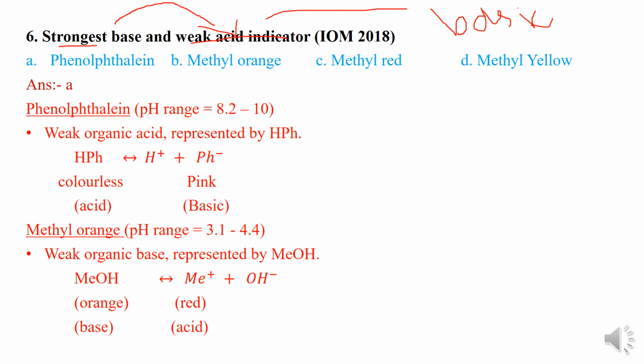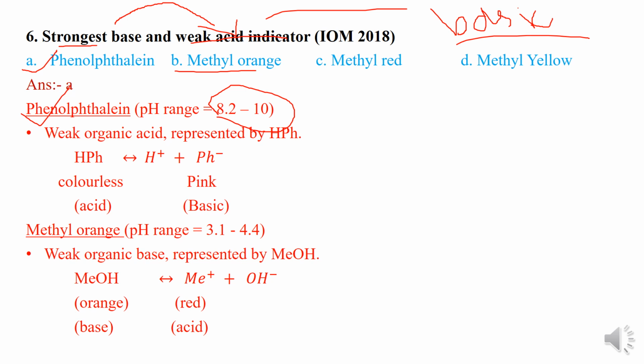In case of basic salt or basic medium, phenolphthalein is used as the indicator. In case of acidic medium, methyl orange is used as the indicator. And the phenolphthalein has the pH range 8.2 to 10. It is the basic range of pH. So phenolphthalein is used in case of the basic medium, because the salt formed by the strongest base and weak acid will be basic in nature.